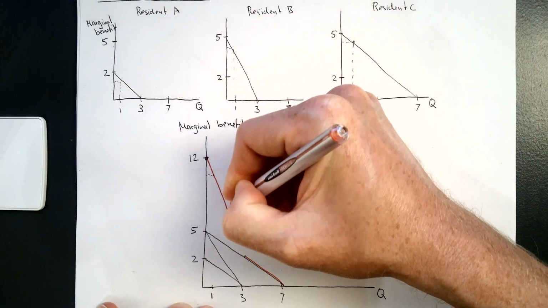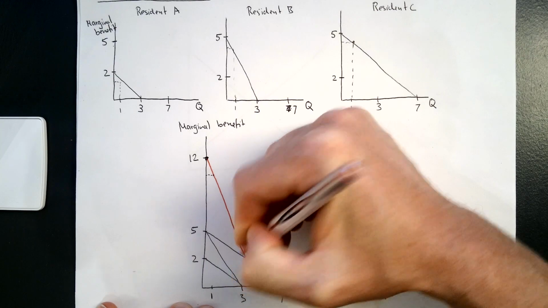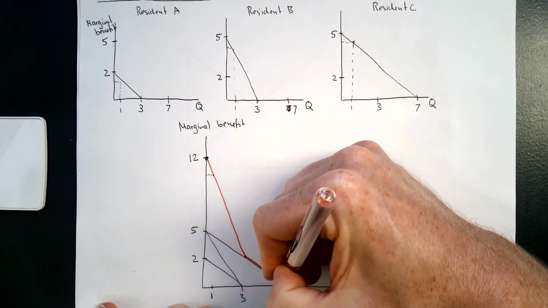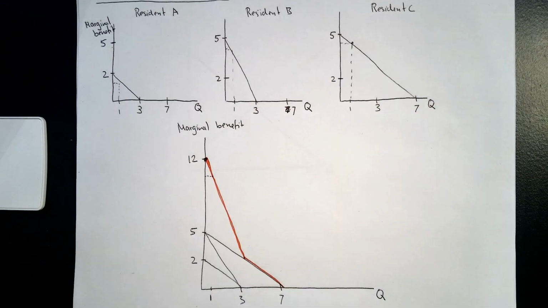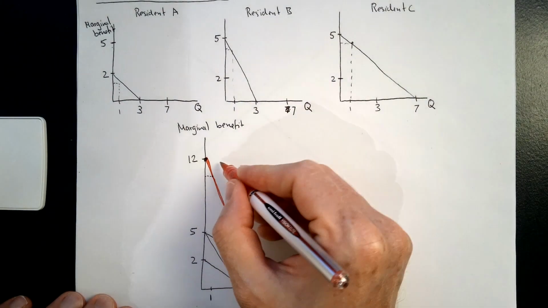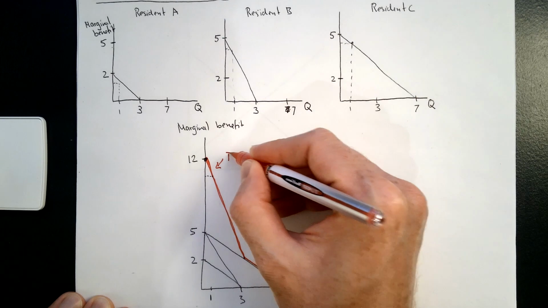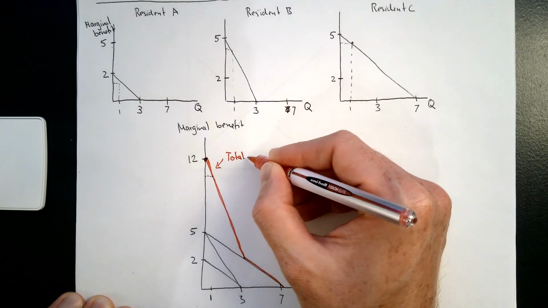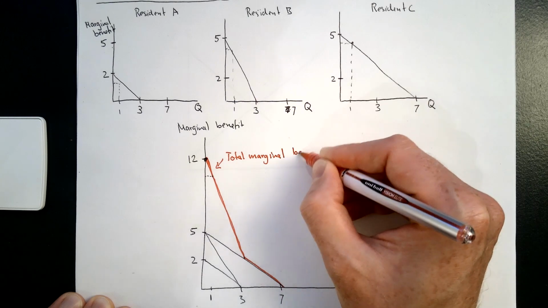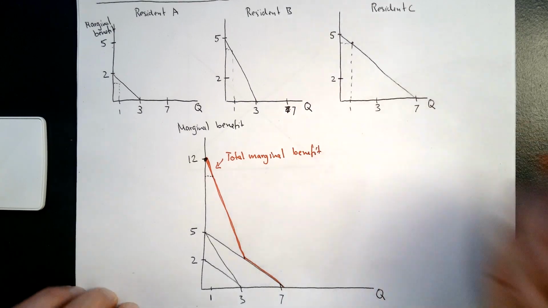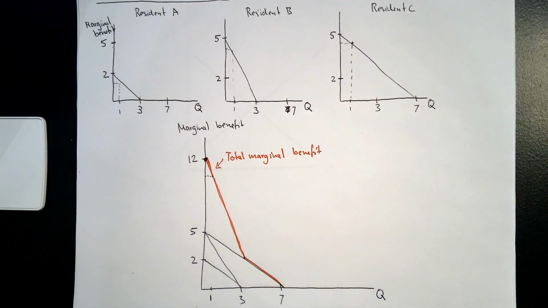And so the total benefit of providing this public good looks like this, the red line. This is the total marginal benefit, or think about the societal benefit.